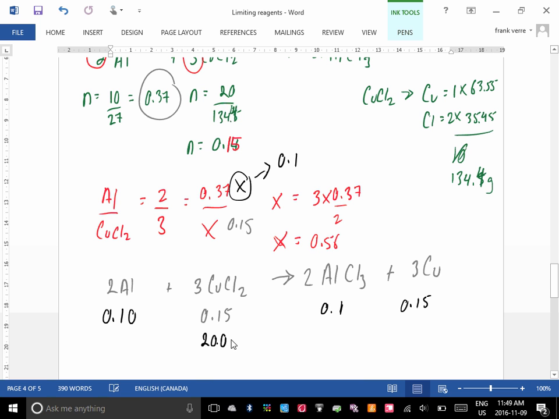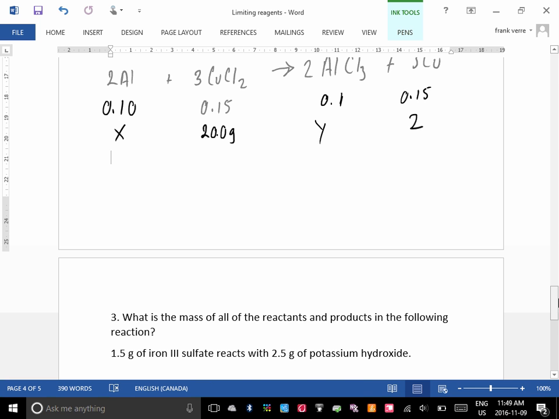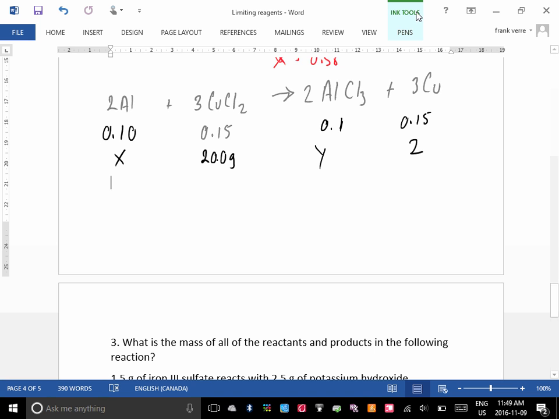But now we're going to solve for x, y, and z. You don't have to use the terms x, y, and z. All right, so let's solve for the reactants and the products. How many grams of aluminum?